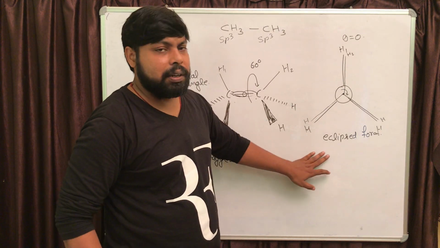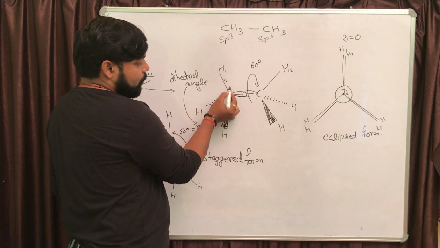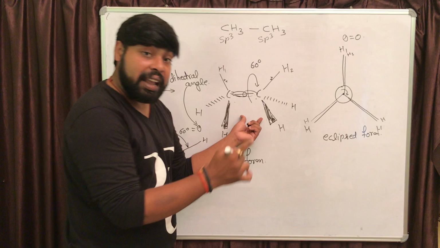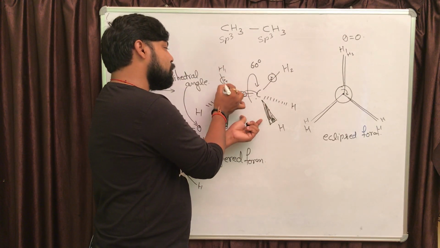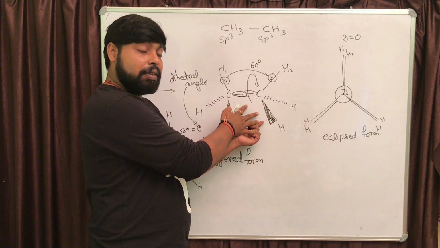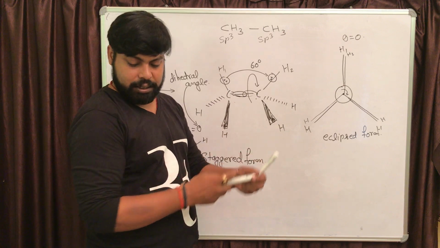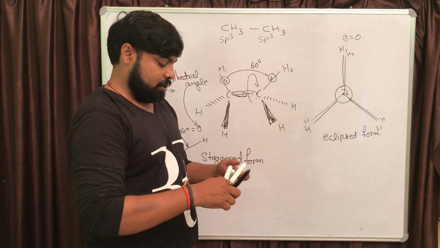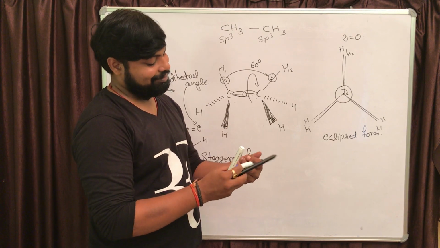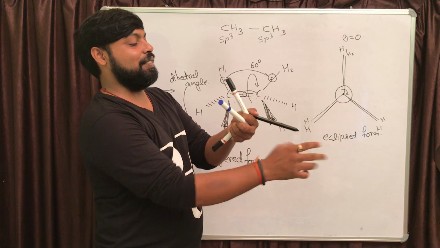If we are talking about eclipsed, let's say the bond pair electrons of the first carbon-hydrogen bond and the bond pair electrons of the second carbon-hydrogen bond, if you are observing this in eclipsed form, the distance between these two bond pairs will be minimum, because this is the first carbon atom, and just behind it we have the second carbon atom.